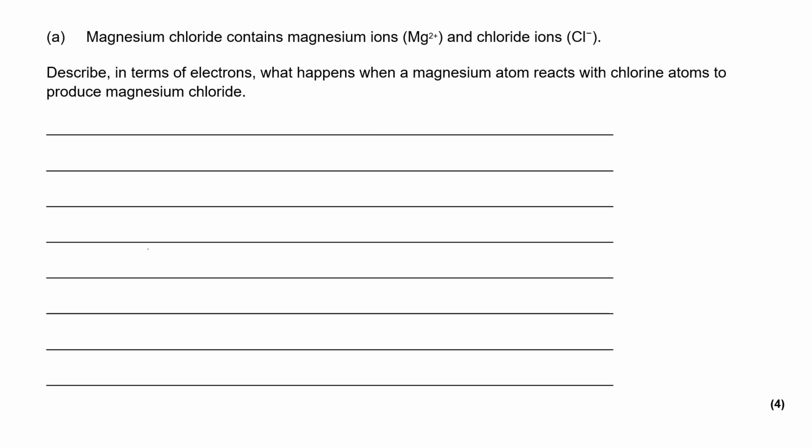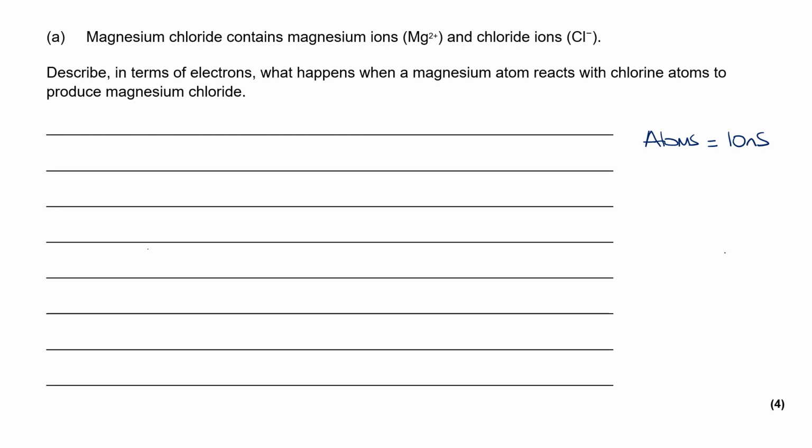In order to answer this question, you would firstly need to be able to explain how atoms become ions, in that the metal atoms will lose their outer shell electrons, and the non-metal atoms will gain those extra electrons to become negatively charged ions.